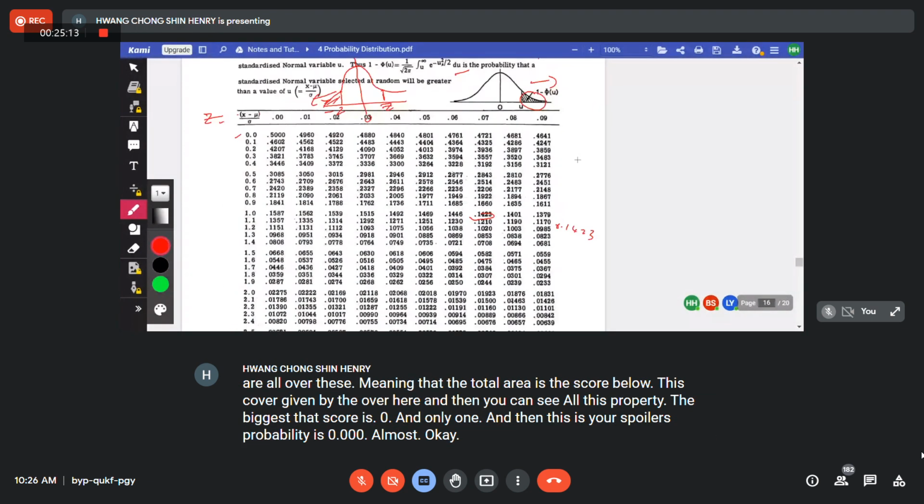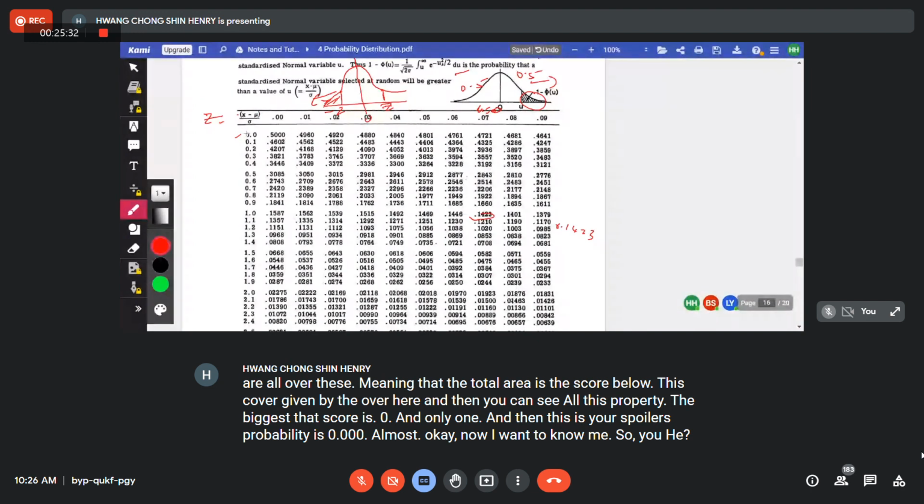Now I want to highlight this also. You see, this is half, this is your mean. So half of this probability is given by 0.5. Another half here is 0.5. How do you know? Because the total is equal to 1.